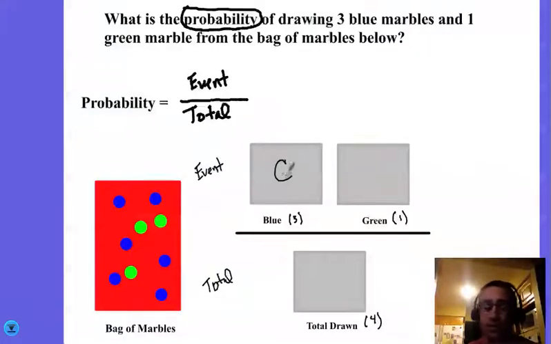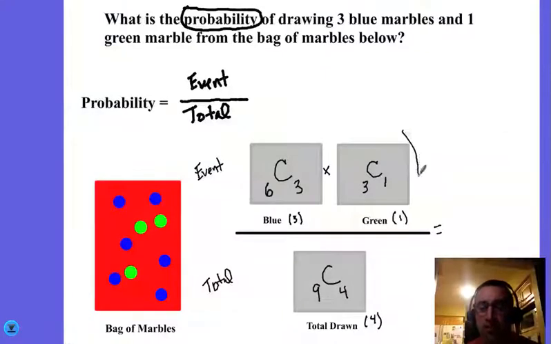No order is necessary, but there are 6 total blue. I'm choosing 3 times I need to choose 1 green out of 3. Excellent. And on the bottom I need the total, so I just add these two together. There are 9 total marbles, and I'm picking out 4.